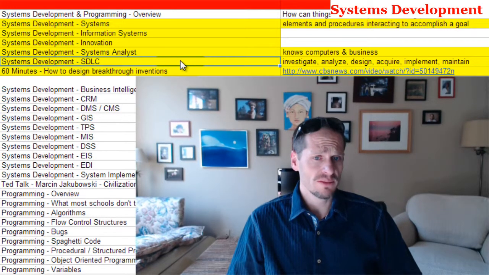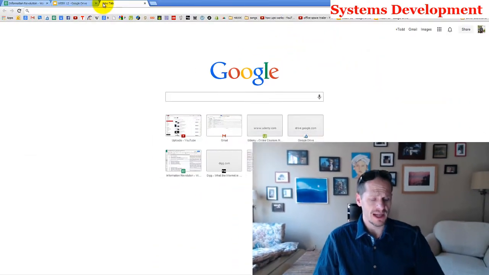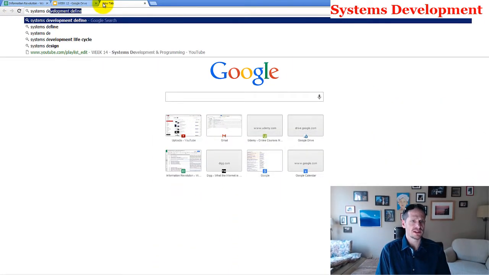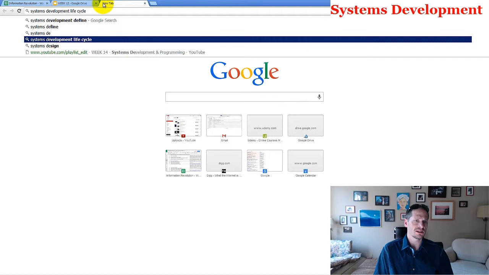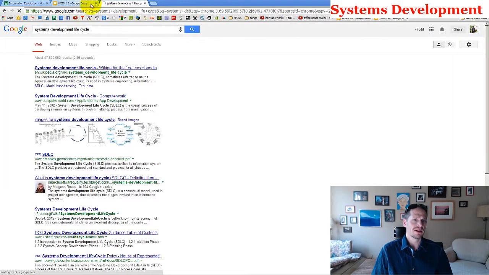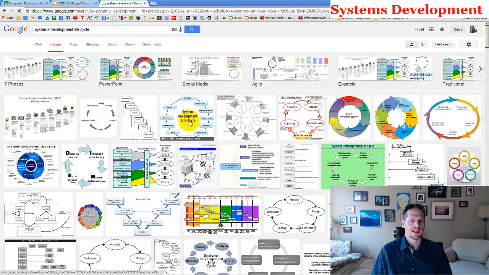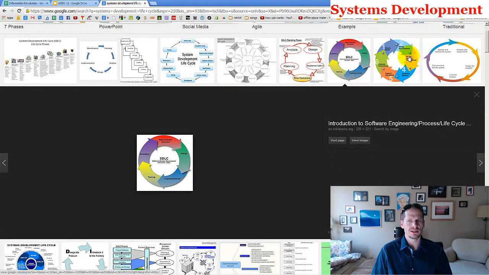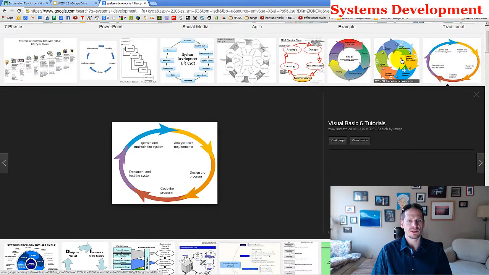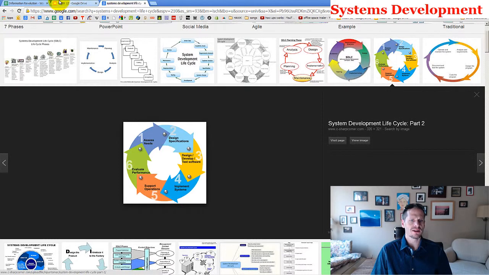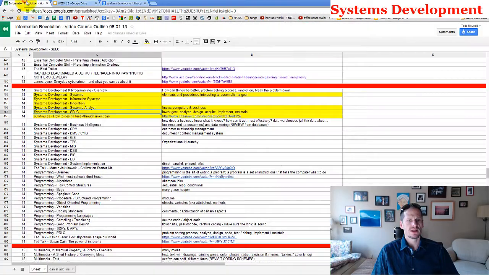Next thing you should know is that when we talk about systems development, you'll sometimes hear about the systems development life cycle. If you go search for it, you'll see lots of images. But basically all they're saying here is that problem-solving process, which I already talked you through.